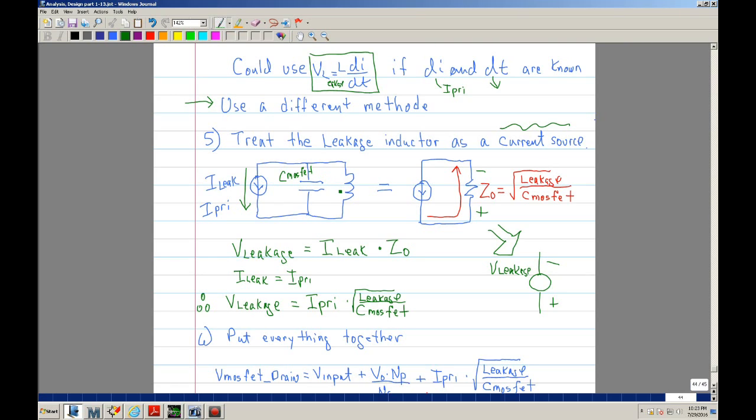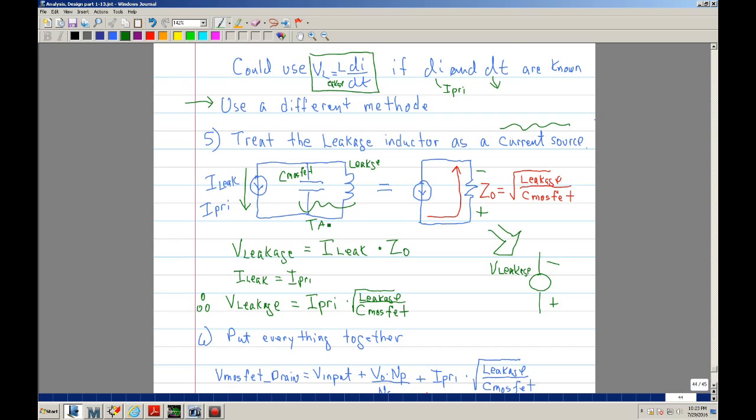But in addition, some of it does flow through the L primary, or actually not the L primary. This is L leakage. So you can model this as the leakage inductor. So basically this is a little tank circuit.